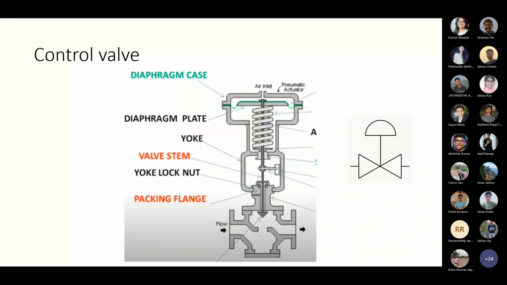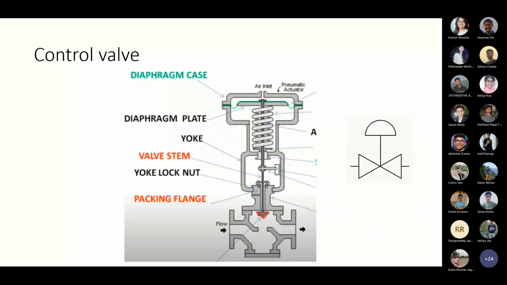With my bad annotations, it's not a good thing to explain, but I'll make an attempt. Here we have this one. This is the main valve. You can see a triangular shape one.